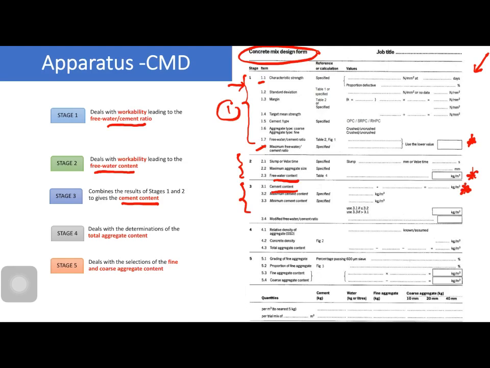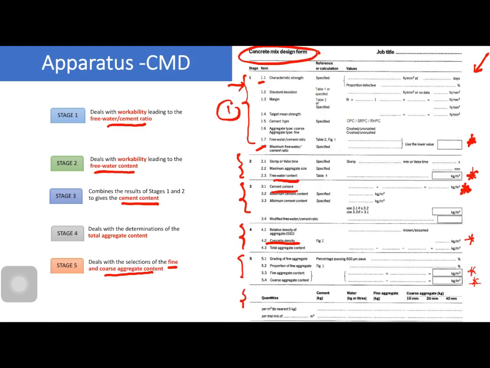And then the fourth stage is to determine the total aggregate content. So how to determine the total aggregate content? We need to get the concrete density. And then the last stage, stage number 5, is to determine fine and coarse aggregate content. So from the info at stage 4, we can determine the fine and the coarse aggregate here.